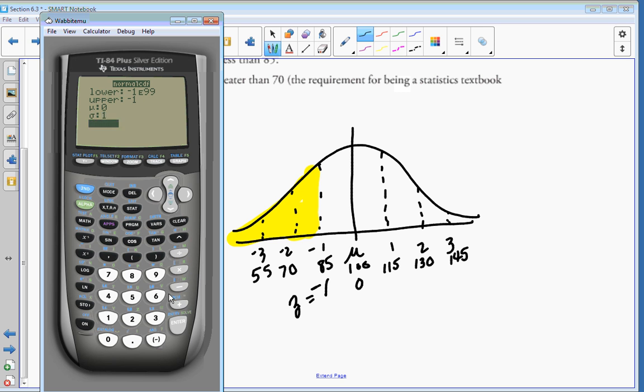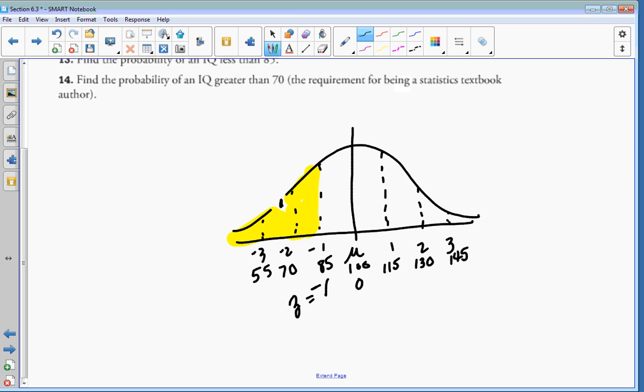Then, of course, going to hit my enter button, and I'm going to find that the probability is 0.1587, or 15.87%. So there's not a lot of our population that have an IQ below 85. 50% are at 100 or less.